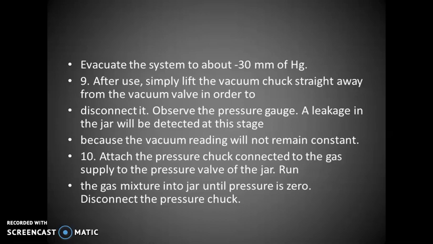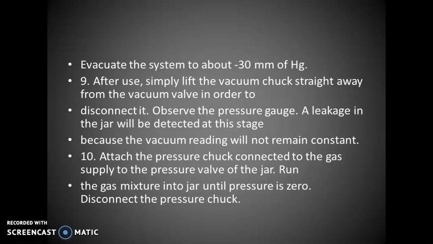After use, simply lift the vacuum chuck straight away from the vacuum valve to disconnect it. Observe the pressure gauge. A leakage in the jar will be detected at this stage because the vacuum reading will not remain constant.